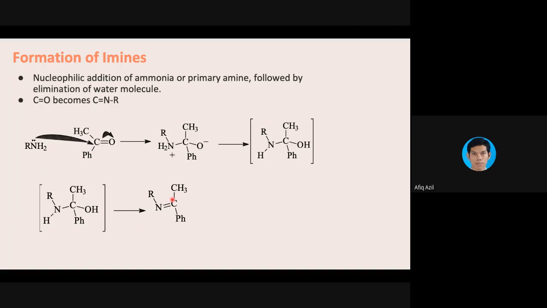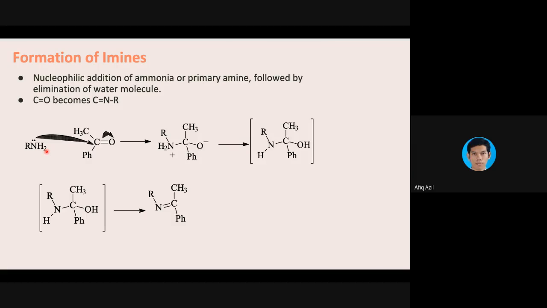And then you have the formation of imine. Another example of a nucleophilic addition reaction, in which you form the imine, is the nucleophilic addition of ammonia. Ammonia is NH3, or a primary amine.